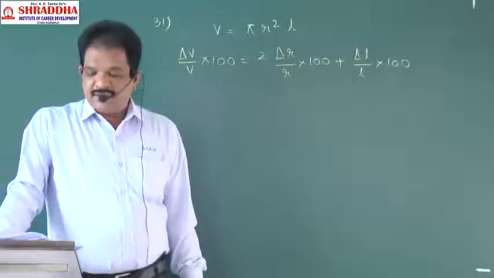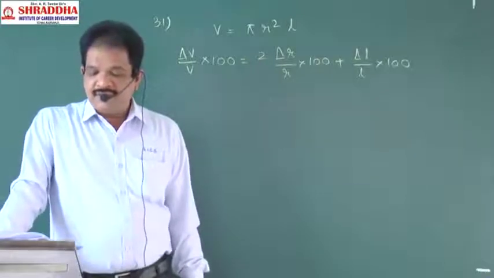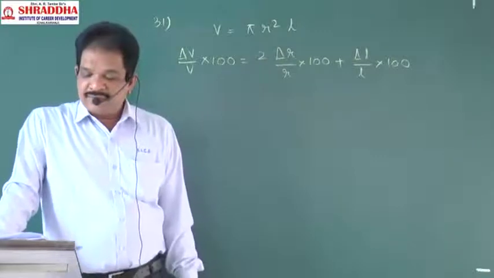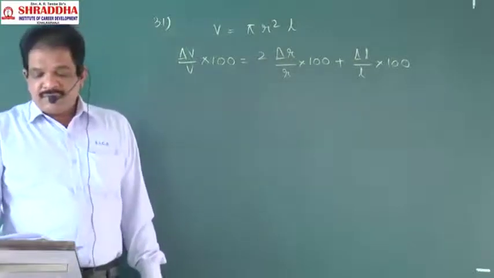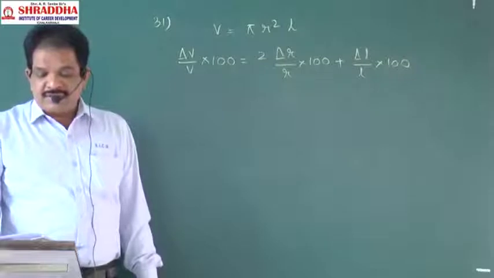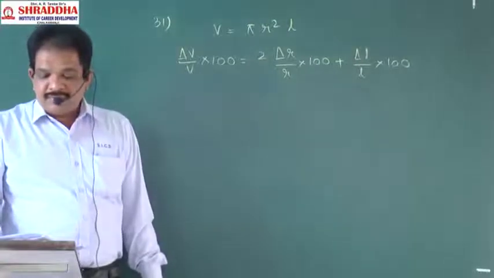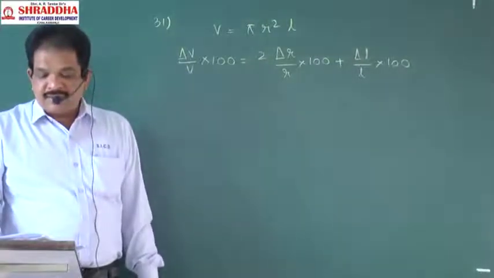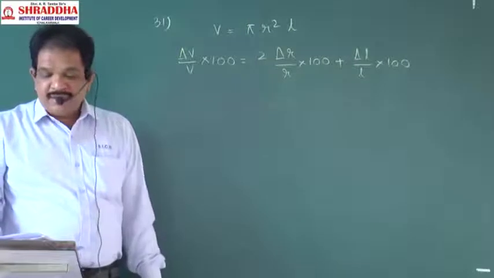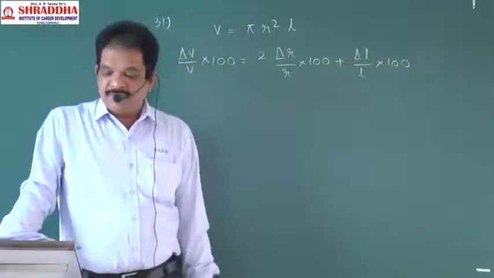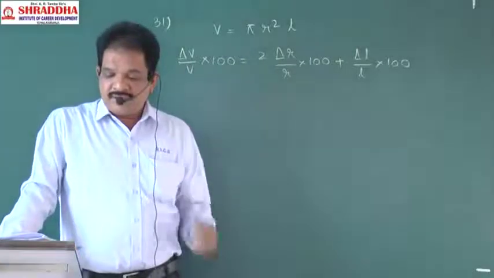Like that we can write. Here in the measurement of the radius we are using vernier calipers, least count will be 0.1 mm, and 1 mm for measuring the length, scale. So here we can write.